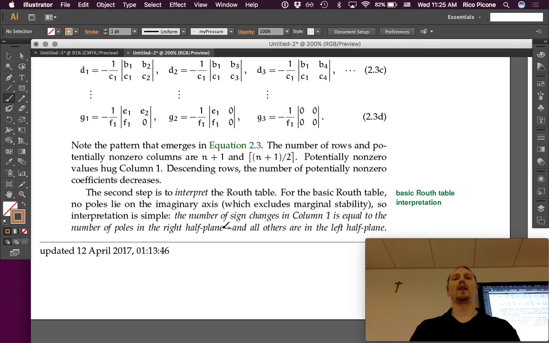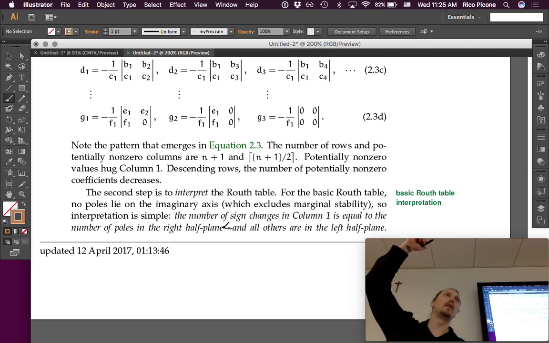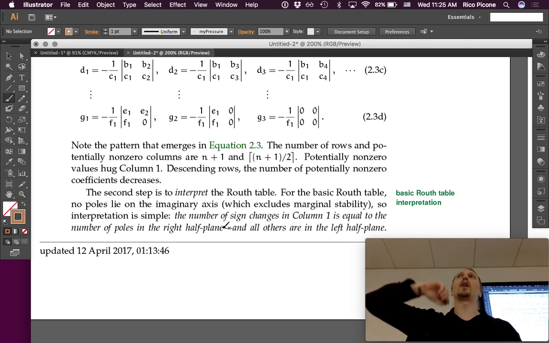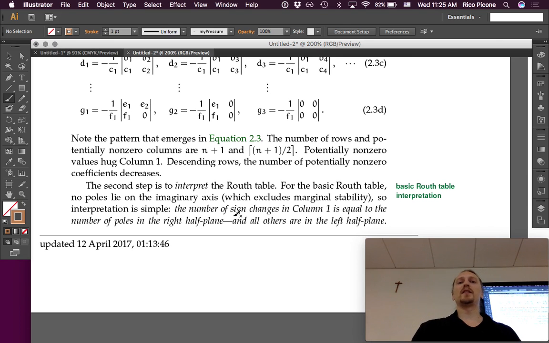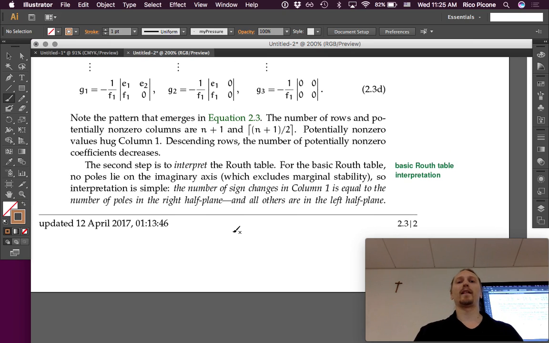So for the basic Routh table, if you go along and you never have a 0 show up in your first column, and you never have a row that's all 0, then you have yourself a basic Routh table, right? Then you know, first off, that no imaginary axis poles exist. That's the first thing. So the interpretation is simple from there. And this is the Routh-Hurwitz criterion for a basic Routh table.